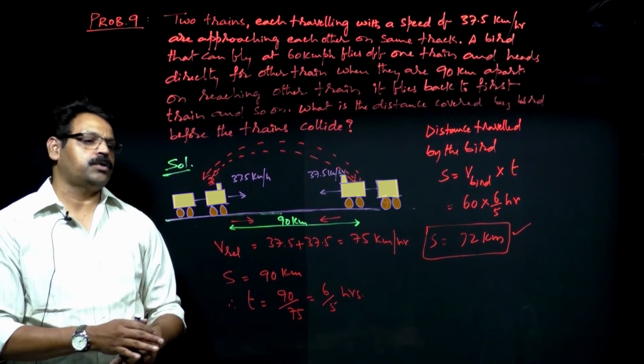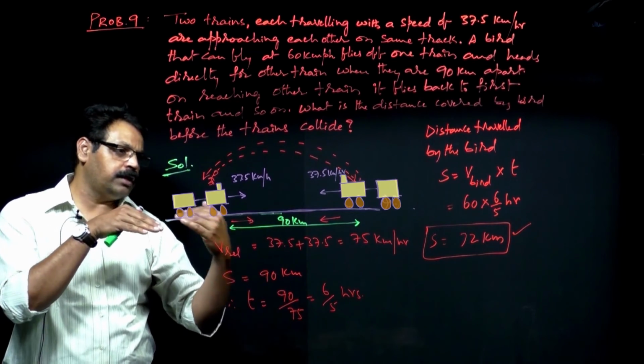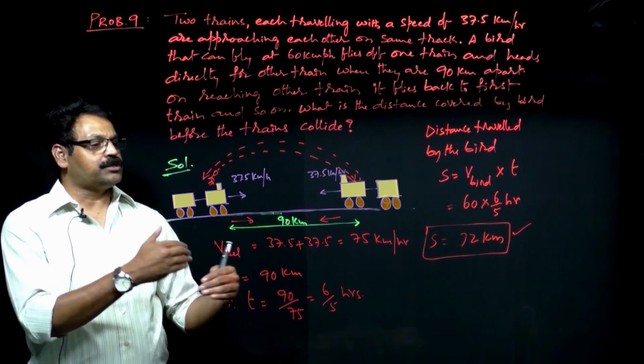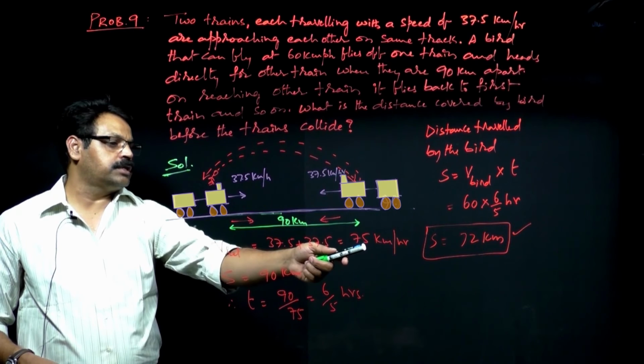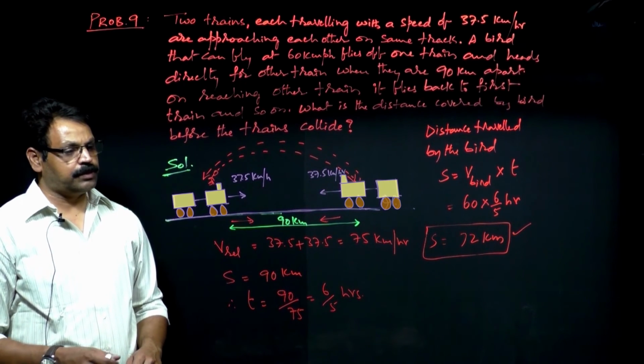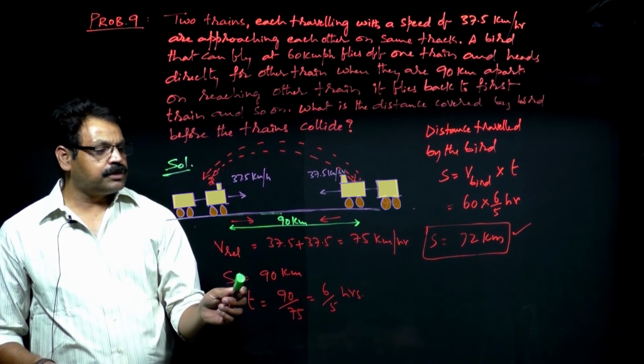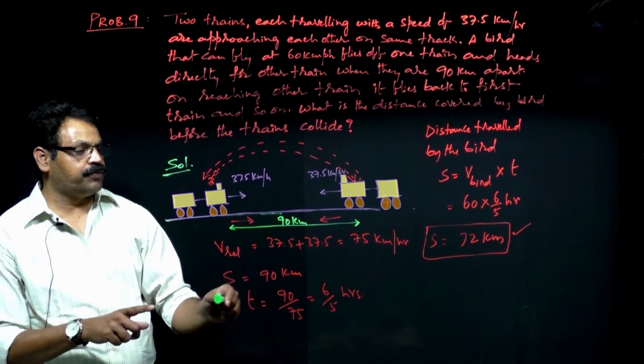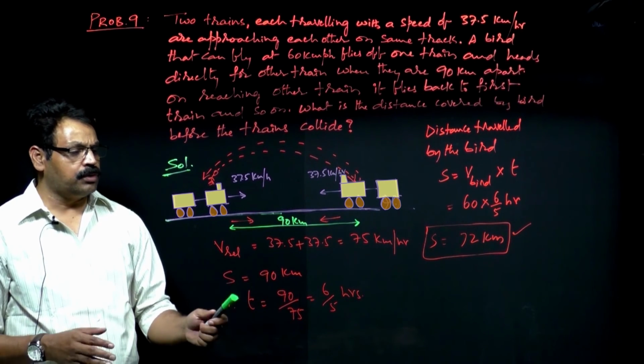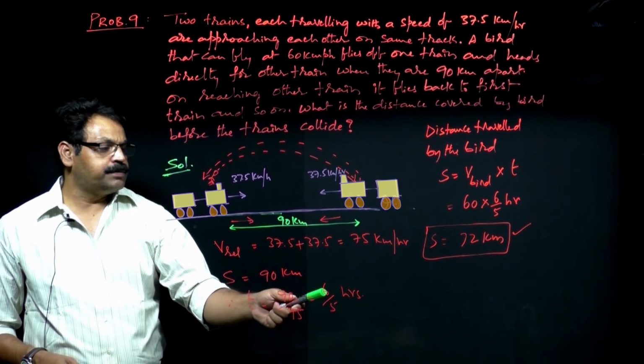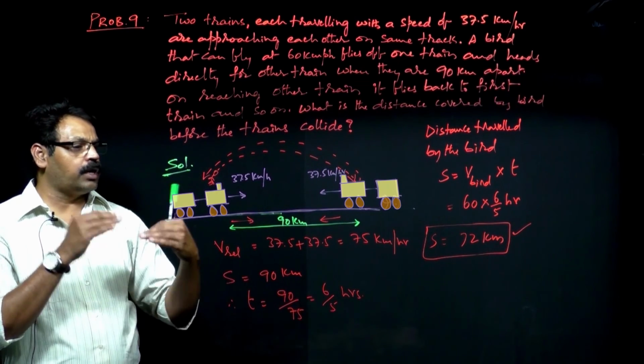As the relativity concept says, when the trains are moving opposite to each other, the velocities have to be added. So the relative velocity of the trains is 75 km per hour, and the distance they have to travel before collision is 90 kilometers. So after 6 by 5 hours, they are going to collide.